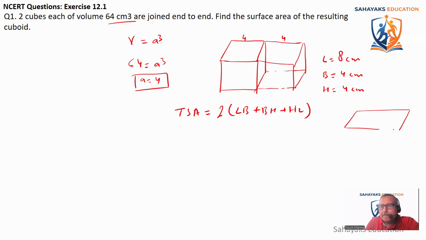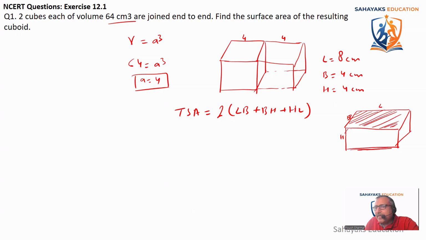Now, 3 faces are seen, 3 faces are not seen. This is length, this is breadth, and this is height. The area of this face is length into breadth. Similarly, one face of length into breadth is not seen, it is at the bottom. So it is length into breadth plus length into breadth, that means 2 times length into breadth.